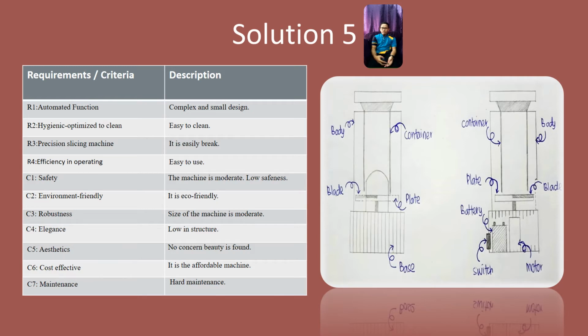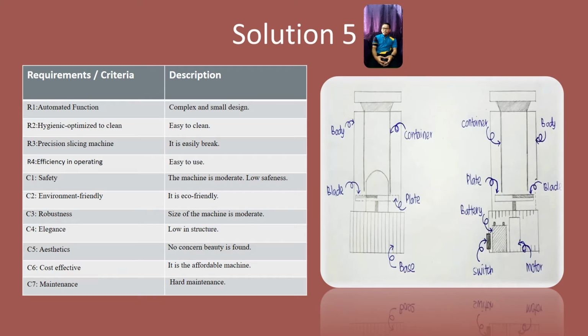The description of this machine for the automated function: it is very complex but small in design. For hygiene, it is very easy to clean because the upper part and the body are easy to remove and easy to clean. The precision slicing machine is easy to break because of the low-quality material used for the body.